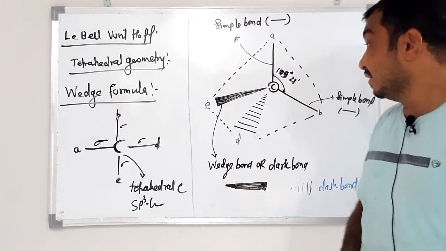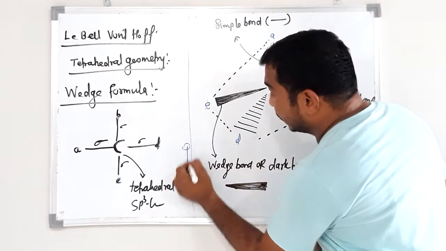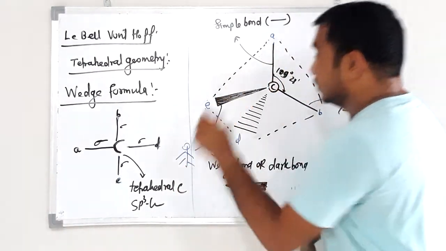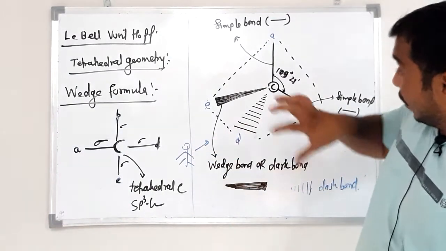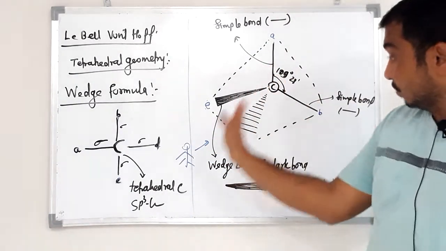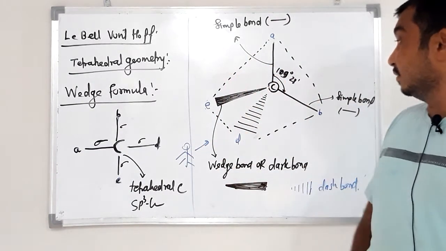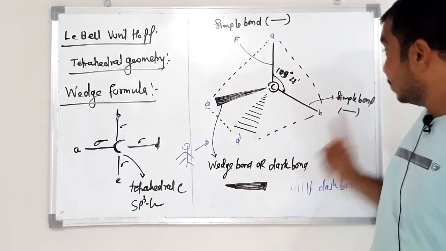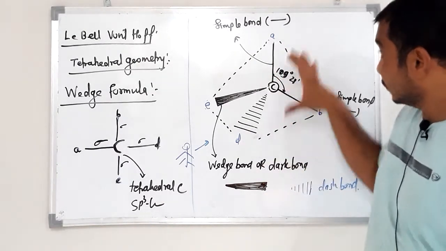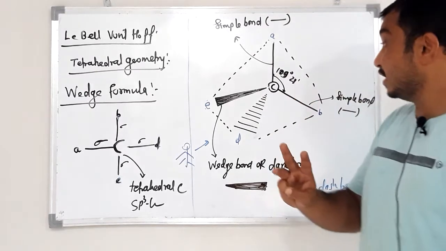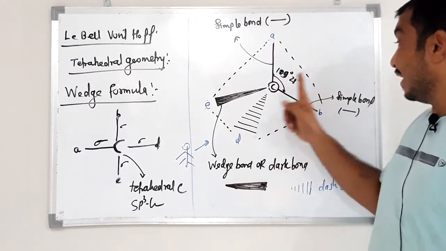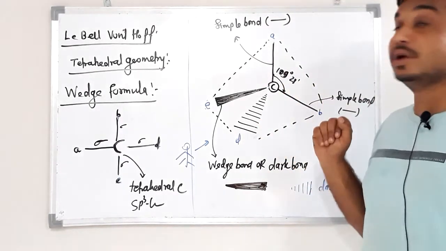The meaning is that we are observing this molecule from this side. If we observe this molecule from this side, you will find that A, B and carbon, these 3 atoms, are in one plane.